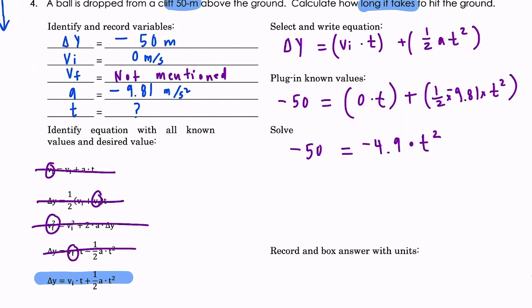Our next step would be to isolate t. And so since -4.9 and t squared are being multiplied together, I want to do the opposite of that. So divide by -4.9, divide by -4.9. That cancels out.